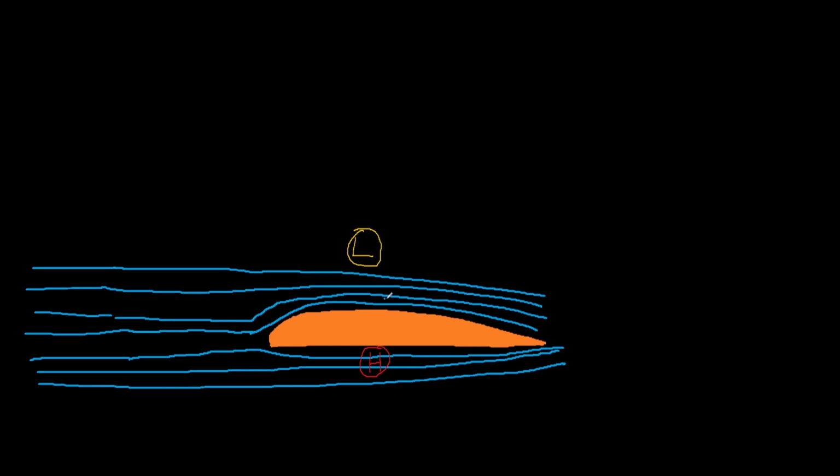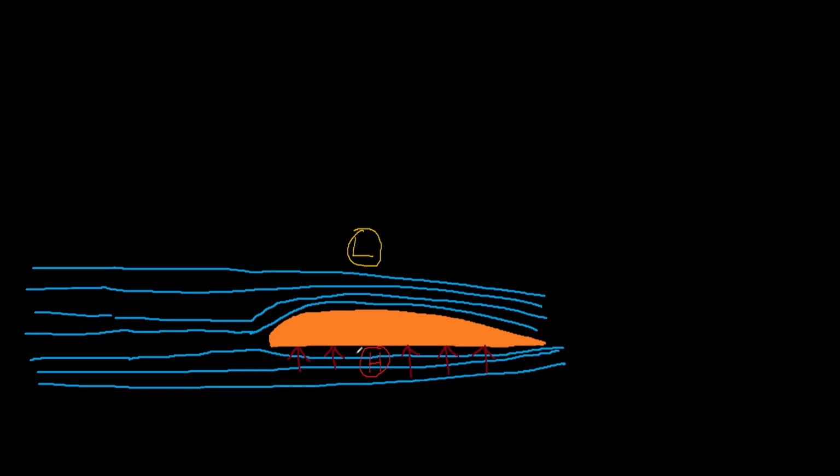So coming back to our airfoil here, the same principle applies. We have high pressure under the wing, low pressure above the wing. So all this high pressure is going to be trying to go to this low pressure above the wing. So it's going to be trying to flow towards that low pressure. But what happens is there is a wing in the way, and that air can't get to the low pressure, but it really, really wants to.